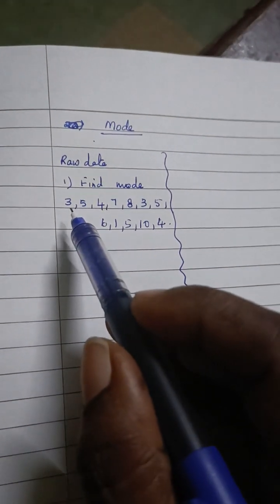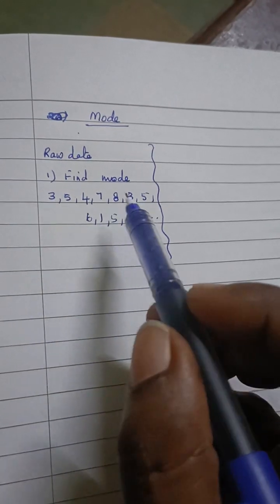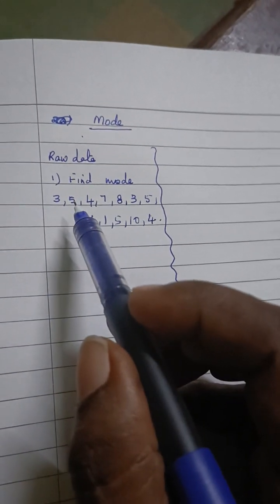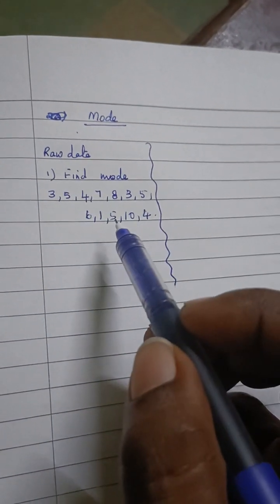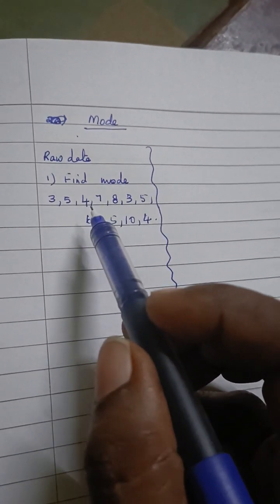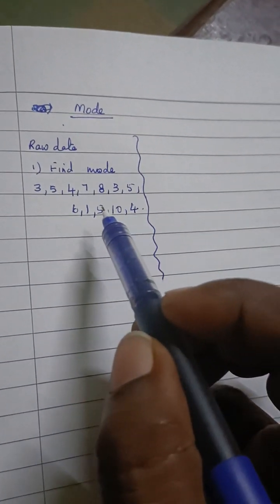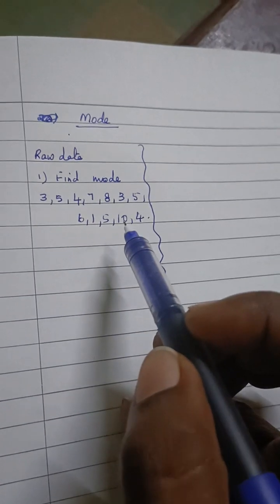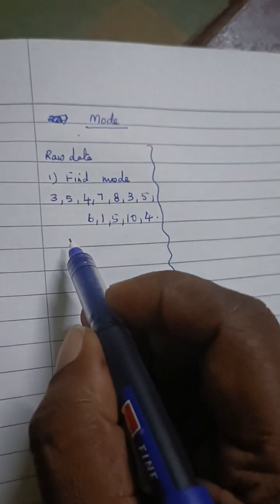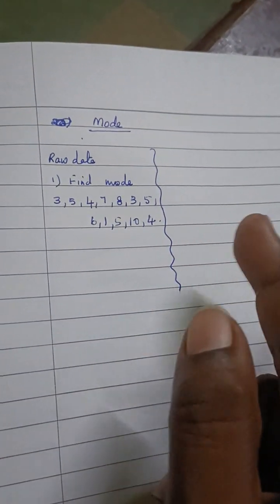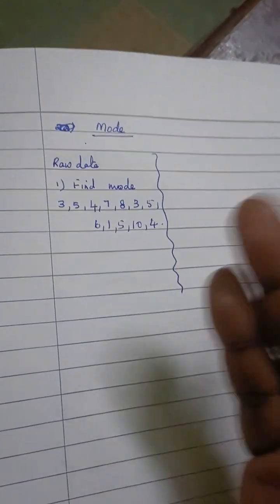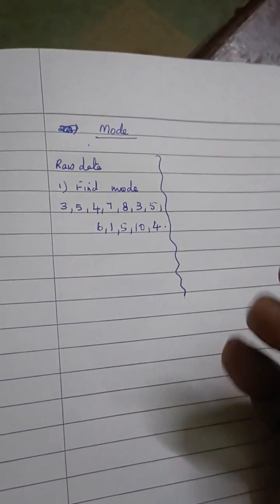Okay, so here if you notice, 3 is repeated twice. Then 5 is repeated 1, 2 and 3 times. Then 4 is repeated twice. Now, the rest of the numbers are not repeated. So 3 is repeated 2 times, 4 is repeated 2 times, but 5 is repeated 3 times. So the most repeated number is 5.